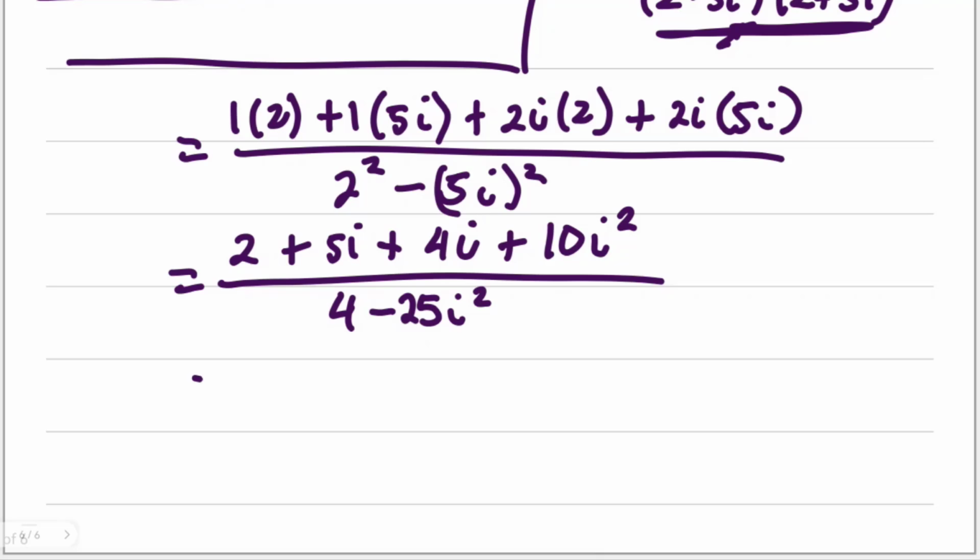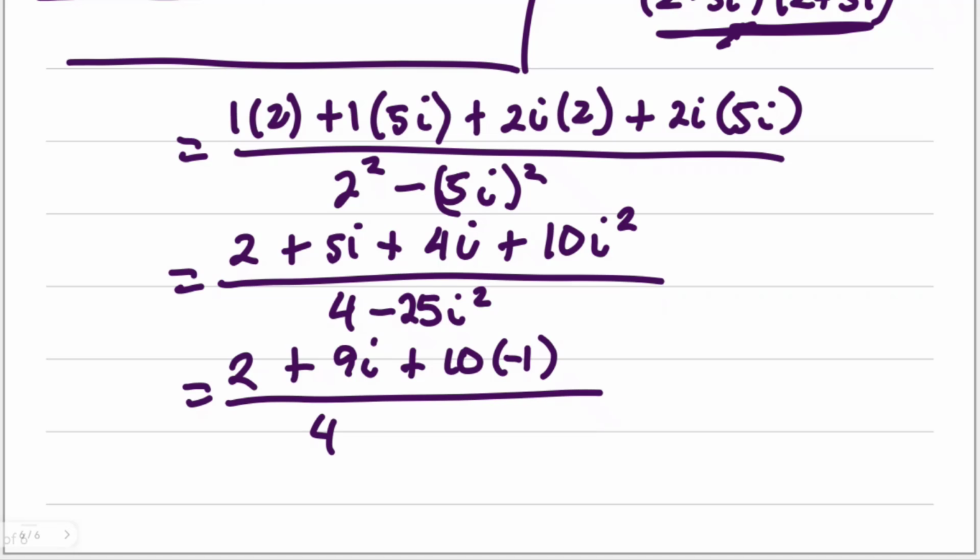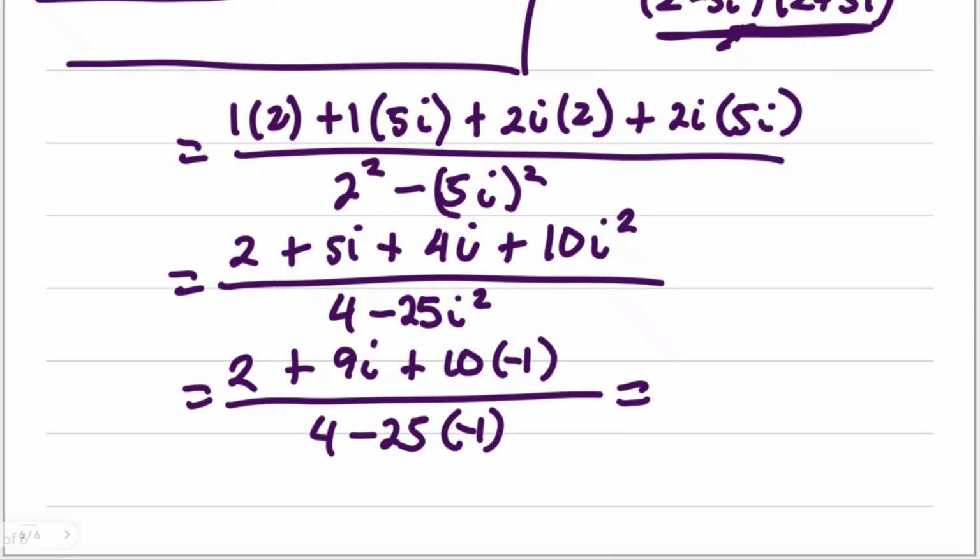So further, you'll have 2 plus 9i, then plus 10 times negative 1, over 4 minus 25 times negative 1. So we will have to simplify this. That's 2, and this is minus 10, right?